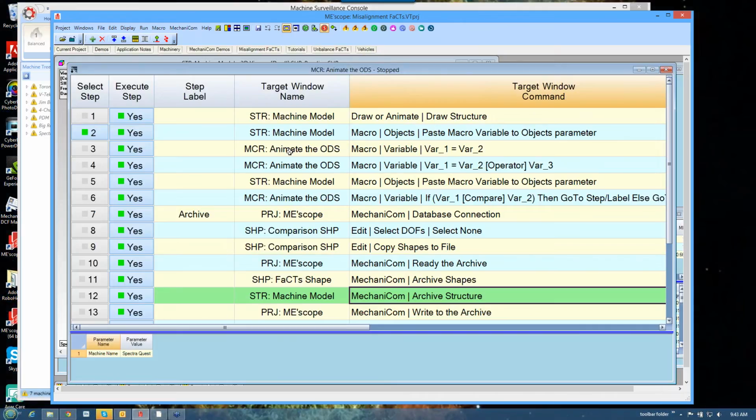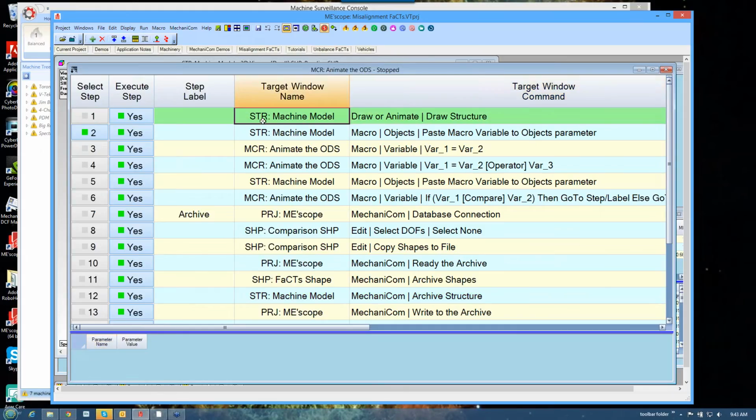So if we want to look at the running speed ODS, we want to make sure the parts that rotate on the model rotate at the same speed. That's what this is doing here. First, we're going to stop the animation. This is in the structure machine model. Draw the structure that stops the animation, or make sure that it's stopped.